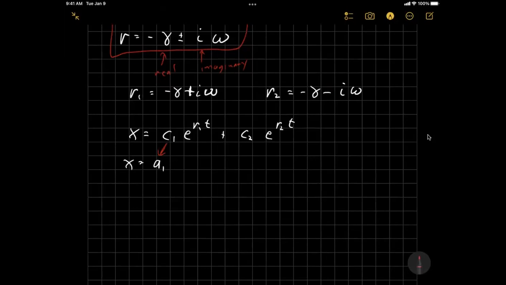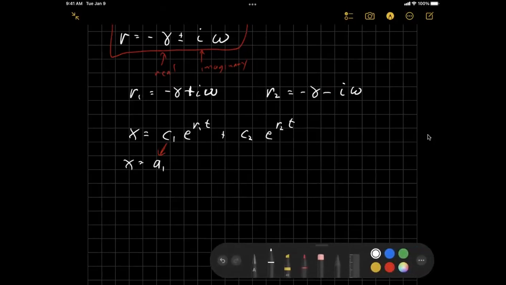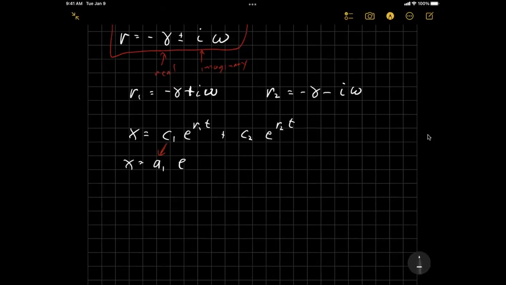And I'll do the same thing for c2 and make that a2. All right. And then I'm going to write in that this is e to the negative gamma plus i omega t plus a2 e to the negative gamma minus i omega t.